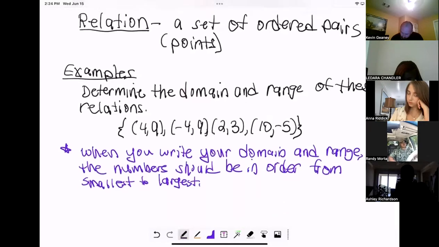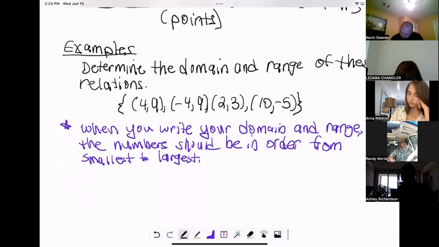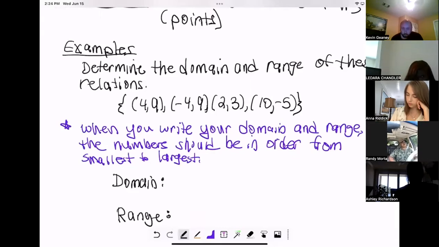Okay, I'll scoot down a little bit more. So there's my set. I want to look at the domain and I want to look at what the range is. Now, the definition is the set of input values. So we're going to have the set notation, and we're going to look at all our domain. Our domain are all the X values.